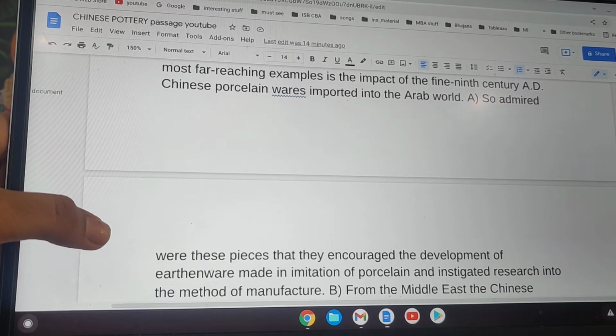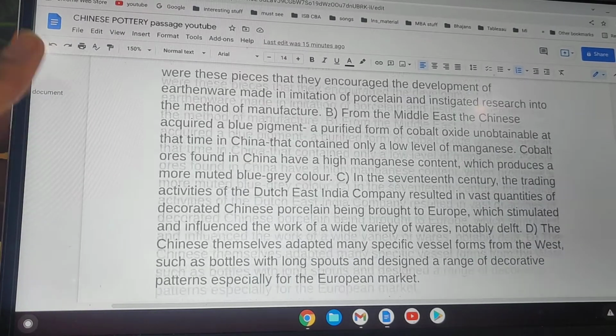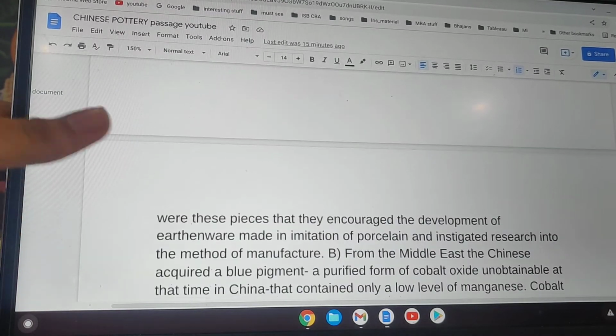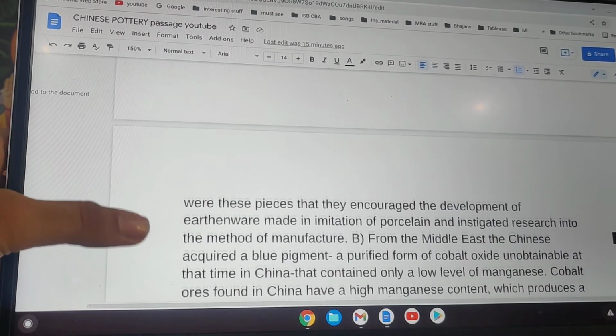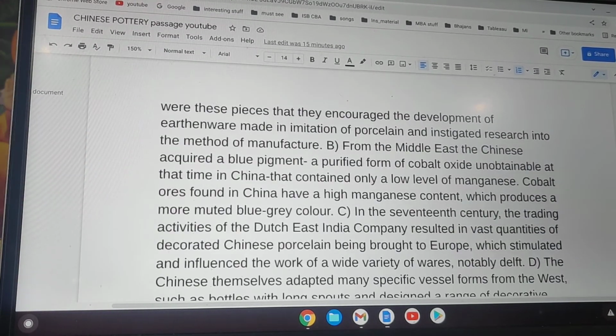So it's not telling you anywhere about the foreign type of trade, okay? So we'll move to the next sentence. "So admired were the pieces that they encouraged the development of earthenware made in imitation of porcelain, and instigated research into the method of manufacture." Imitation means copy. So here is something about manufacturing. We'll manufacture anything for trade, right?